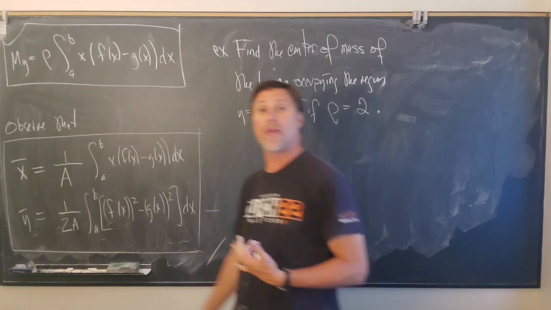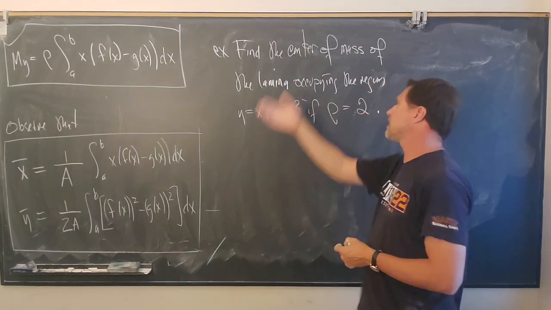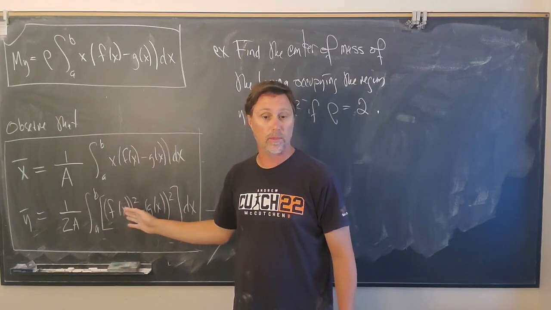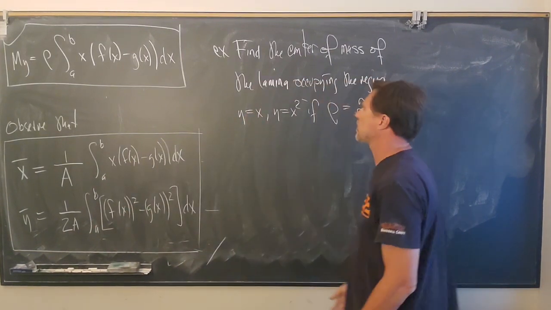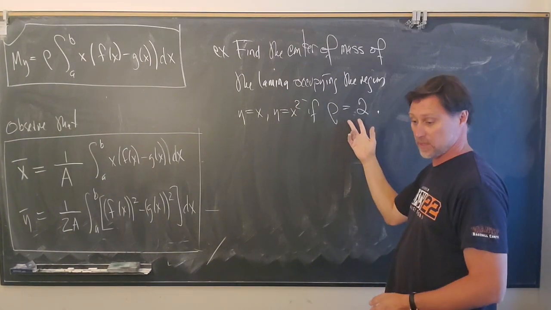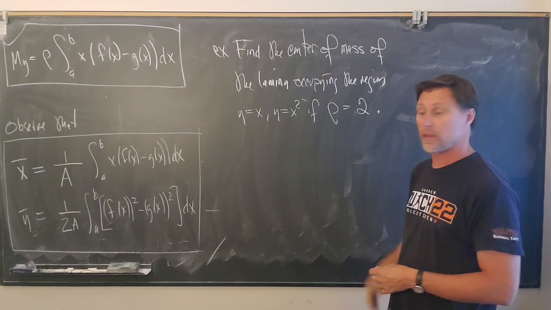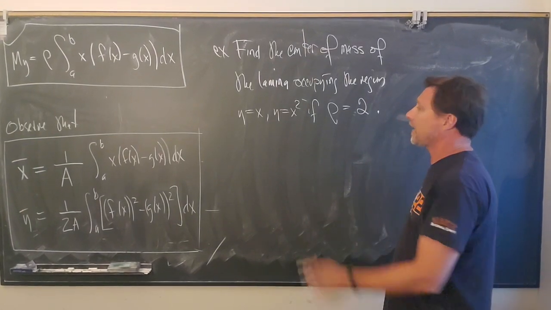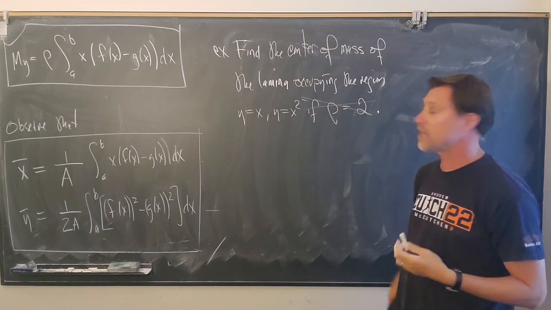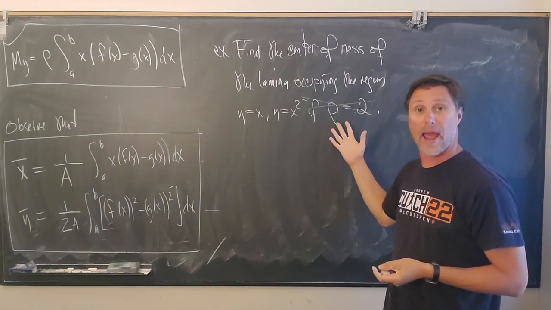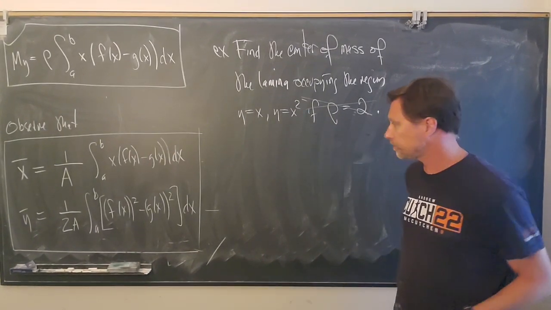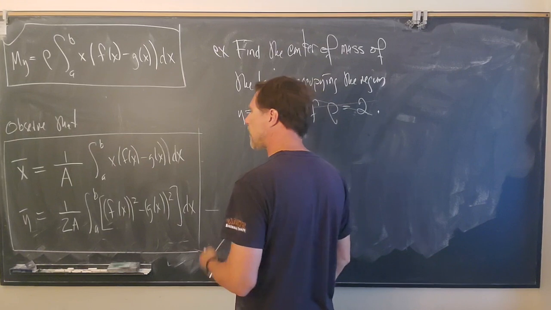In your book, when they word the question and say find the center of mass, they'll give you a density, but notice it just cancels out so it doesn't show up in the formula. In other problems, they'll just say find the centroid, in which case they don't even mention density, because then it's just a geometric quantity. At any rate, in our computation we don't even need that fact. I just put it in here because in your book they're going to give you a density. Just be aware you could ignore it.